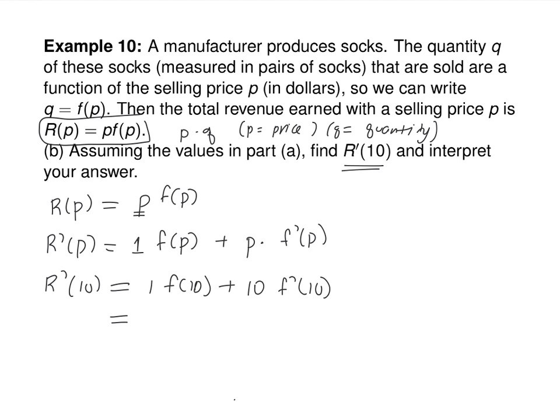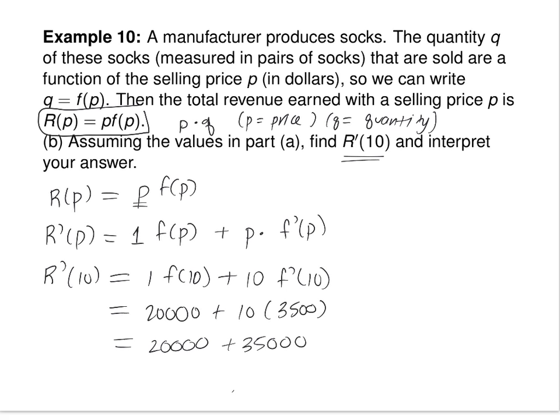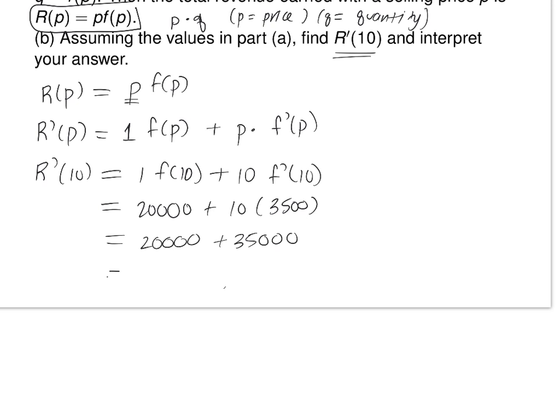So what is f of 10? 20,000. Plus 10 times, was that 3,500? So that's 20,000 plus 35,000 is 55,000, right?